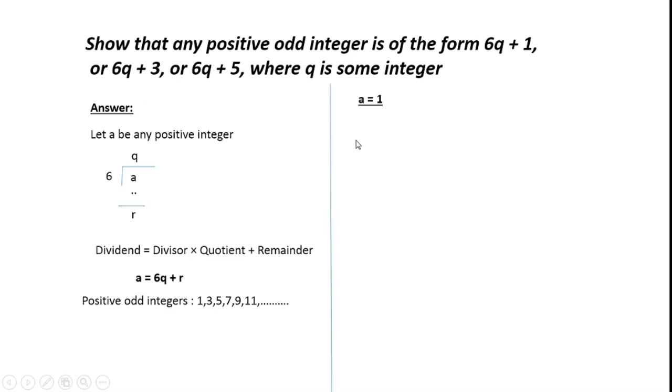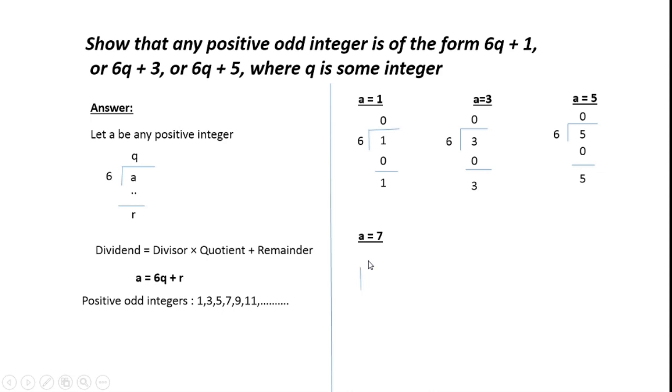First I am taking a equal 1. Dividing 1 by 6, 0 is the quotient and 1 is the remainder. a equal 3. 3 by 6, 0 is the quotient and 3 is the remainder. a equal 5. 5 by 6, 0 is the quotient and 5 is the remainder.